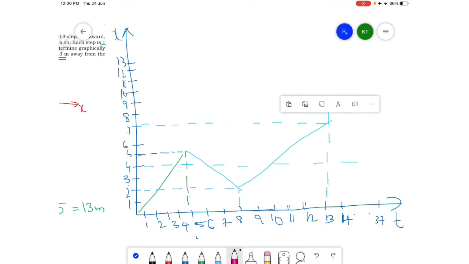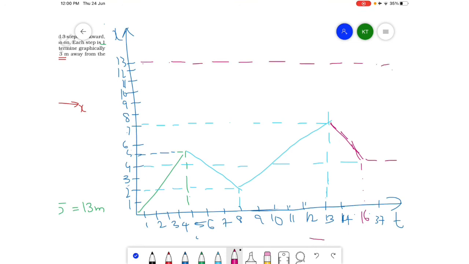Right? This is at point 16 seconds. So through this graph, we can determine that he will reach 13 meters at the 37th second. This is the end of this solution.